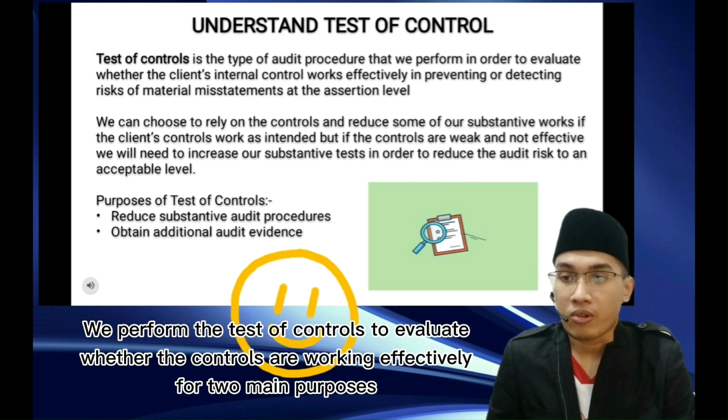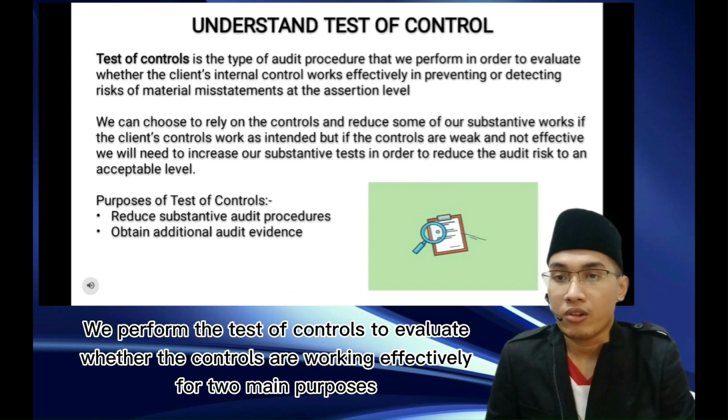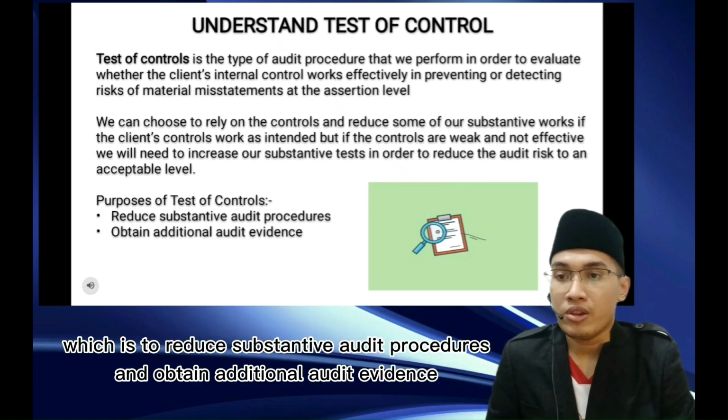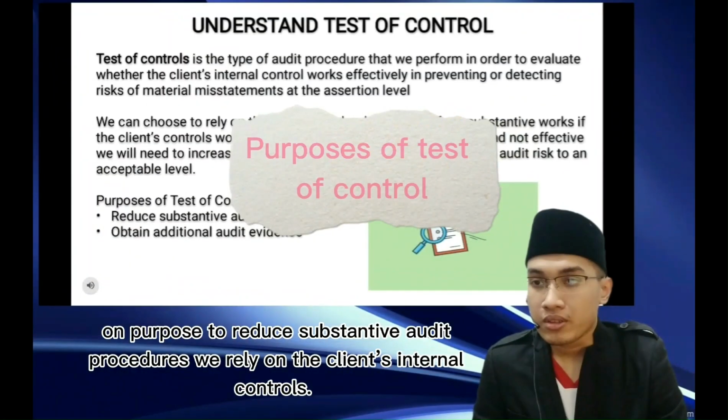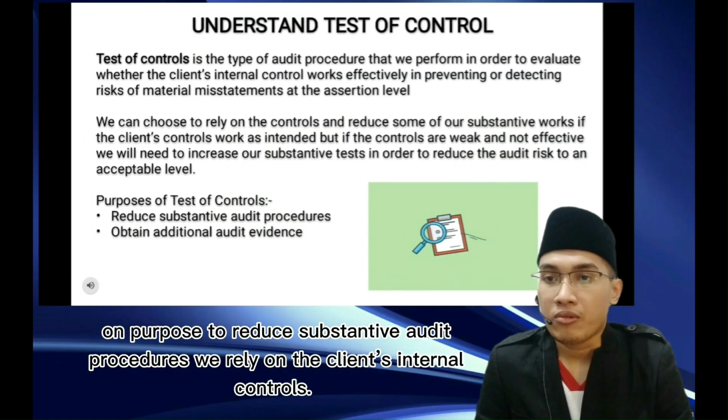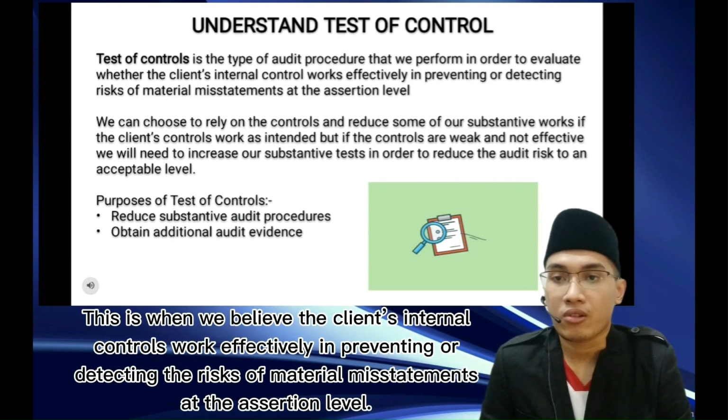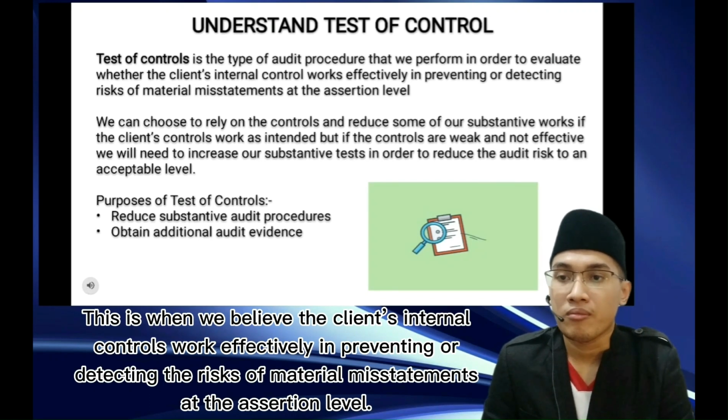We perform the test of control to evaluate whether the controls are working effectively for two main purposes, which are to reduce substantive audit procedures and to obtain additional audit evidence. For the purpose of reducing substantive audit procedures, we rely on the client's internal control. This is when we believe the client's internal control works effectively in preventing or detecting the risk of material misstatement at the assertion level.